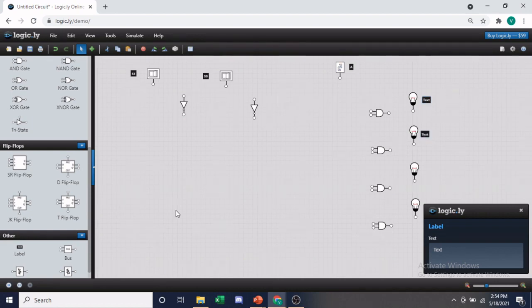Let us name them Y3, Y2, Y0 and Y1 respectively. So this gets Y0 and this gets Y1. The second one will be Y2, finally Y3. So these are the four outputs.